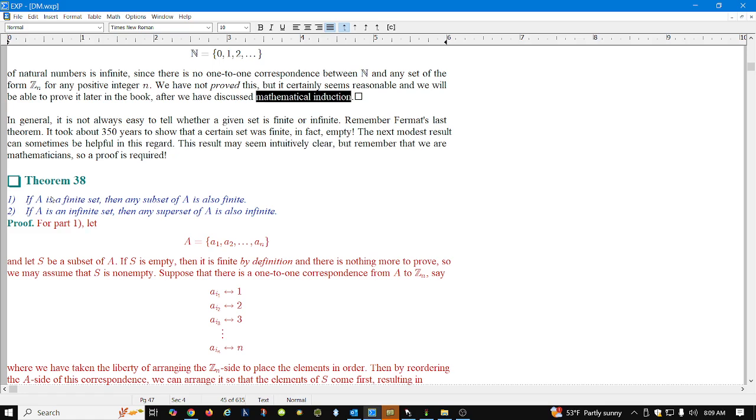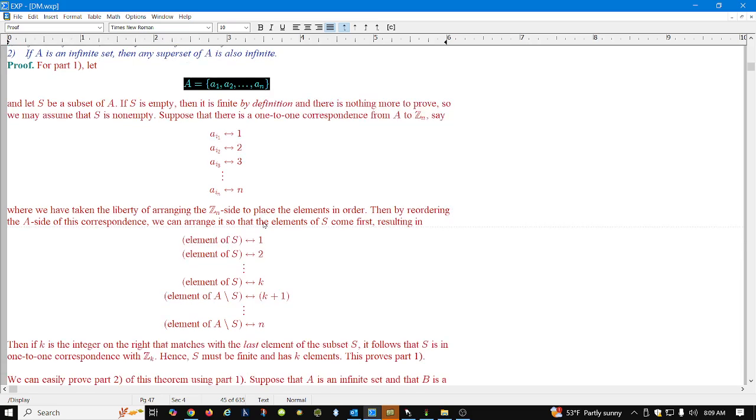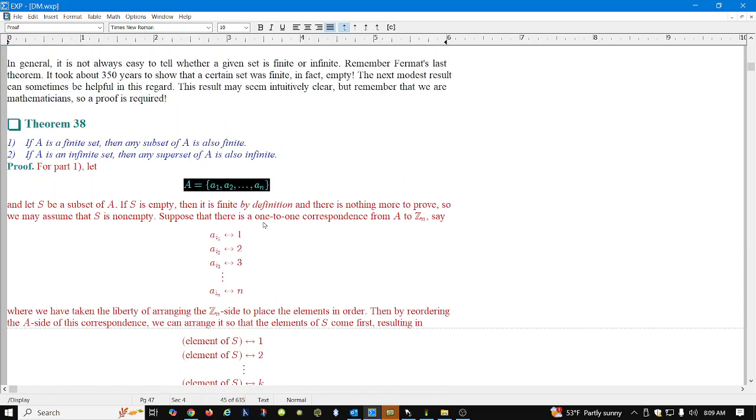So A is a finite set, which means we're allowed to write it like this for some positive integer n. If A is the empty set, then there's only one subset, itself, so we don't have to worry about that. But in the other case, this is what A would look like.